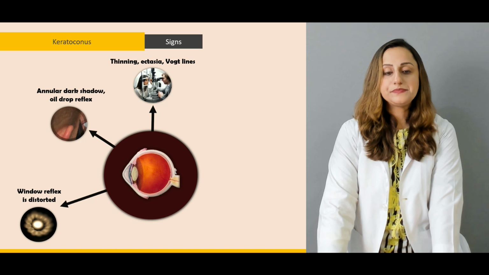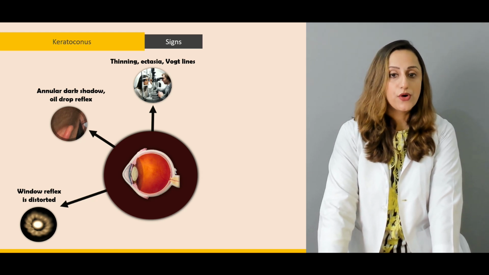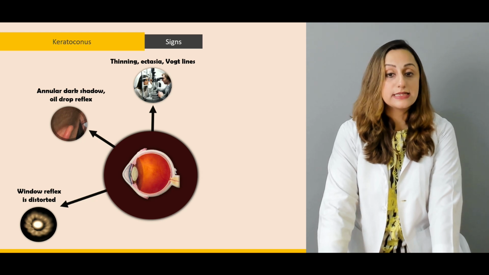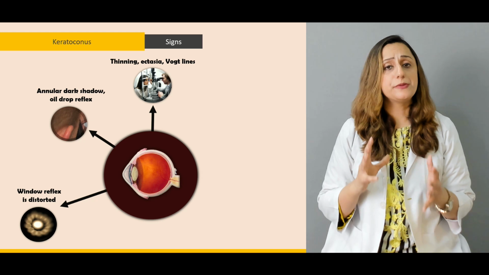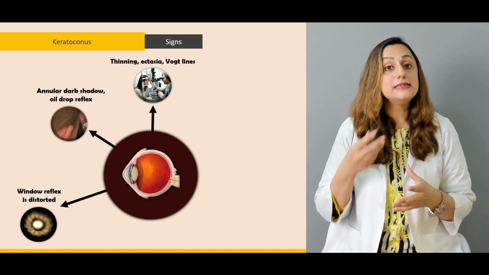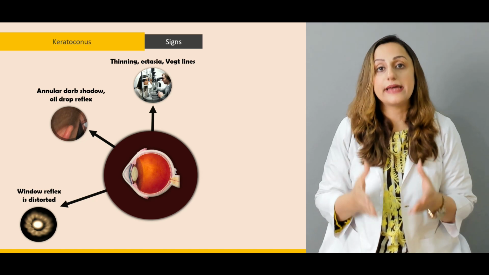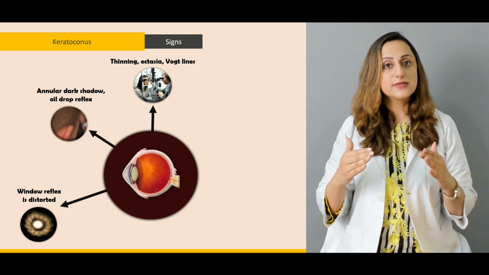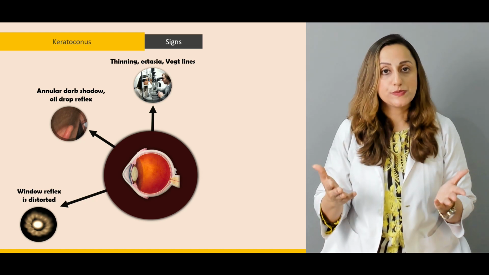Then obviously, you're going to look for any signs of thinning of the cornea. It can be ectasias and the Watts line. Watts line, if you can remember, we just discussed in detail when we discussed arcus senilis. Arcus senilis is basically the degenerative process occurring with old age.